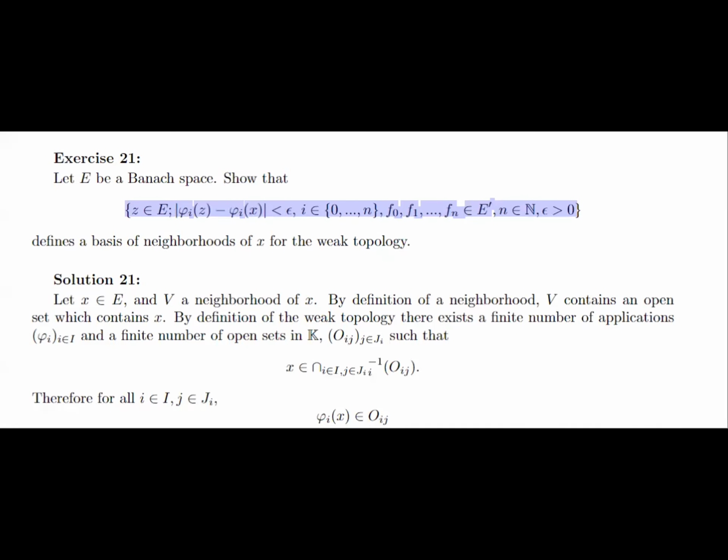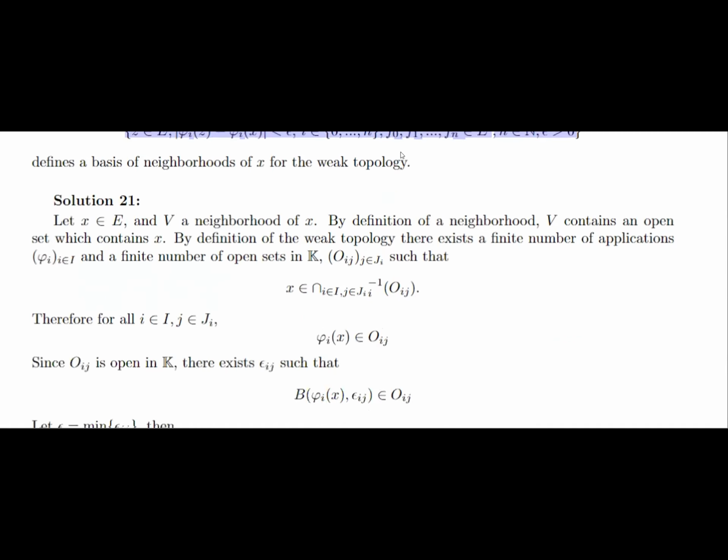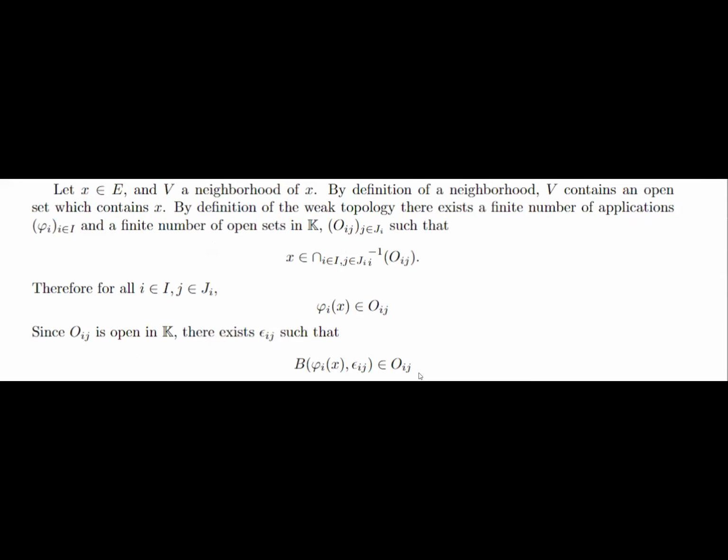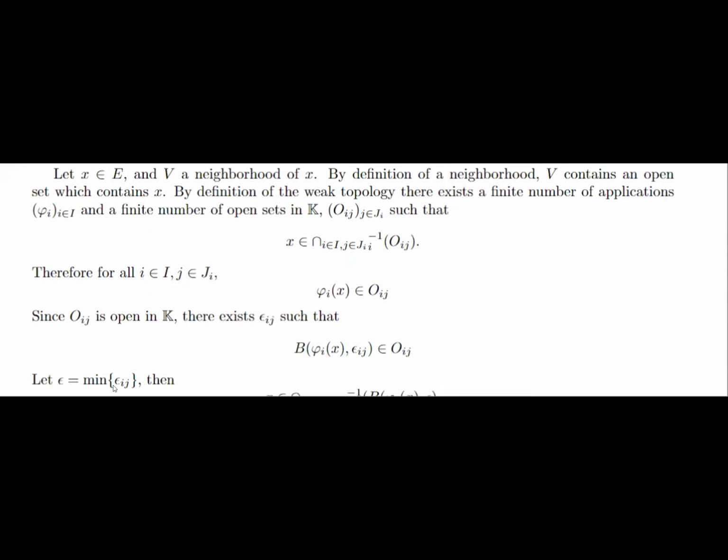But Oj is an open set in K, so it contains a ball centered at phi i of x. So you can write it like that. Now since I work with finite sets, you can take epsilon as the minimum of all these epsilons ij.